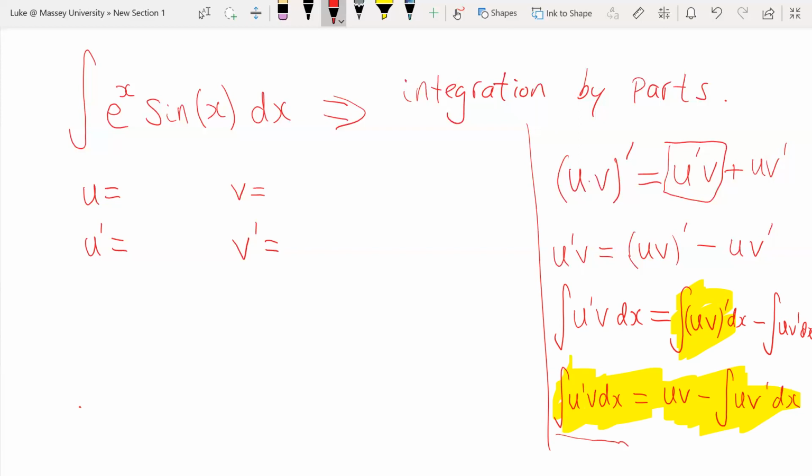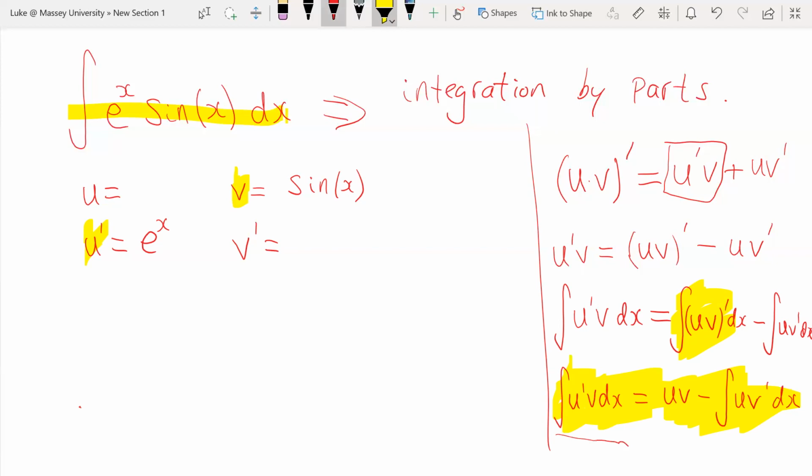It actually turns out that in this particular case, it doesn't matter which order we choose. So what I'm going to choose is u prime is equal to e to the x, and v is equal to sine x. Okay, so I've done that now. So now the integral of u prime times v is the integral of e to the x sine x, right? That's exactly what we're looking for.